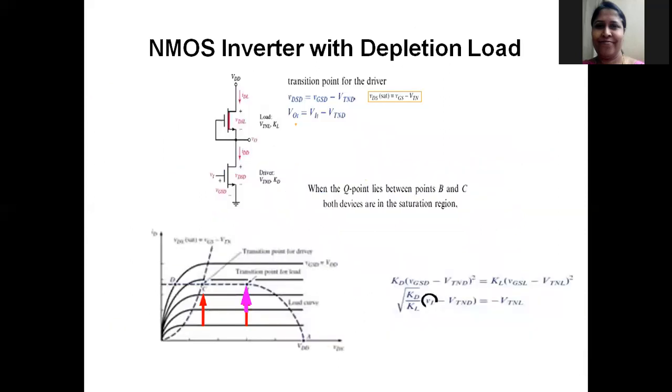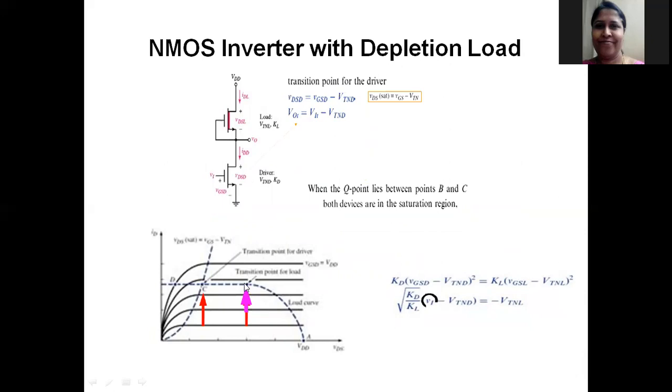Next, in the same way, we can analyze for different points the status of each of these MOSFETs and relate the currents.